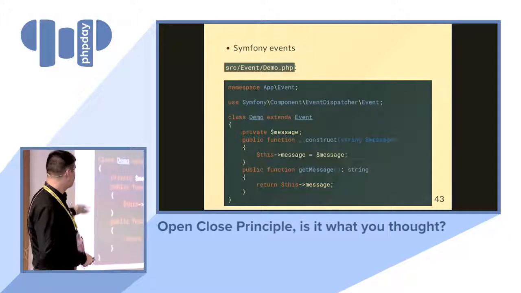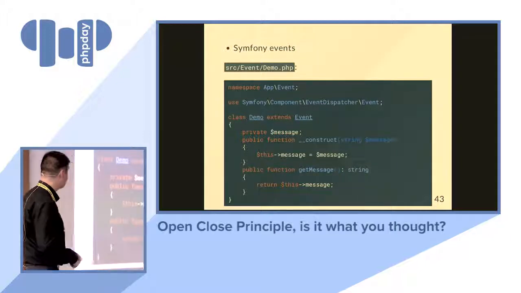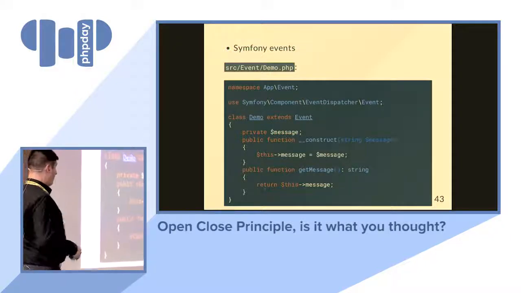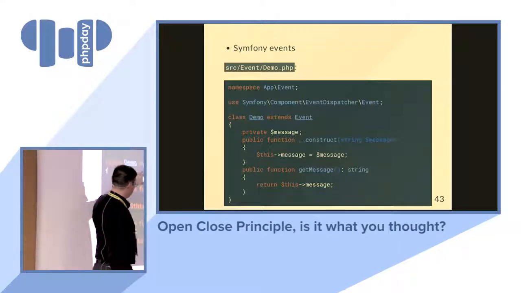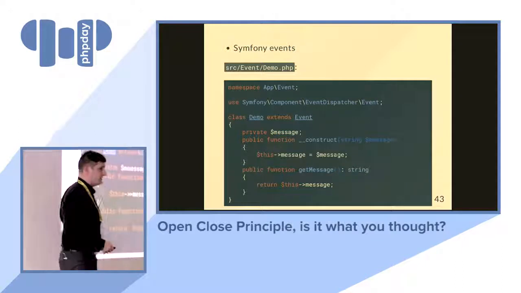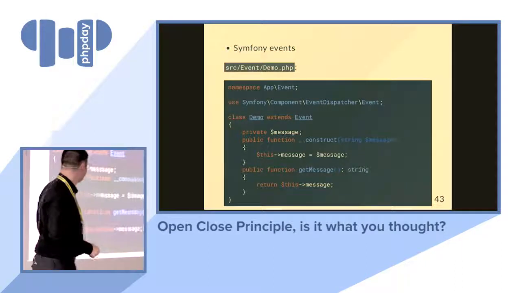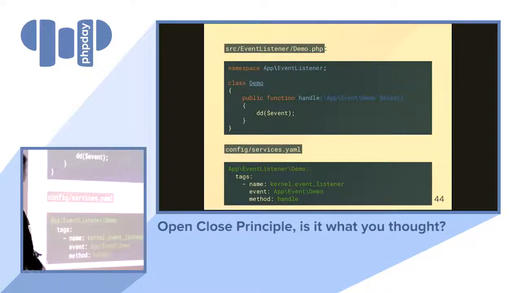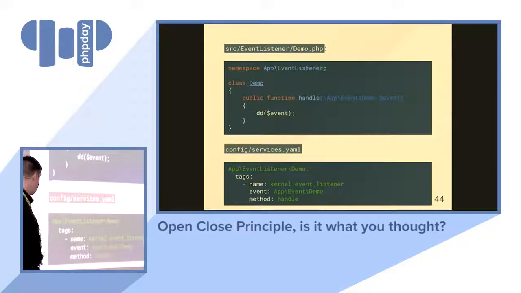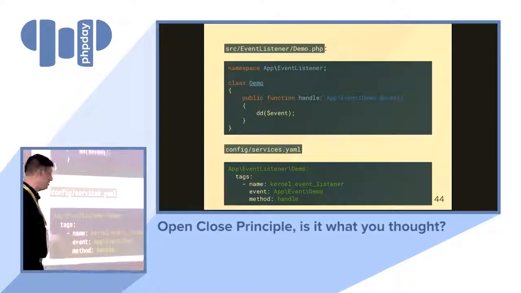So the same thing is available in Symfony. We have the exact same event. Symfony requires to extend events for some reason, but that's the same class. And then again, just change the namespace, but that's it. My config in YAML here is the equivalent of the config in PHP in Laravel.